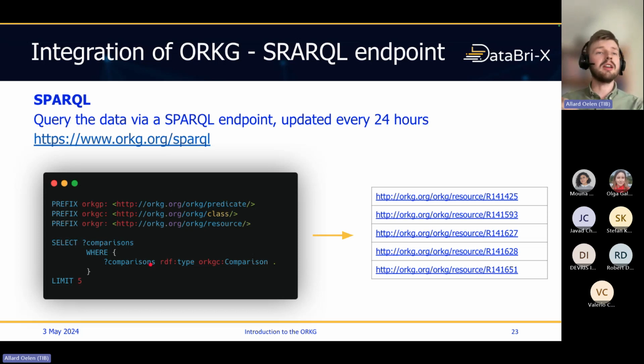So we can query, in this case, we can see what kind of comparisons there are, and we can access the data within comparisons as well with the SPARQL endpoints. The endpoint is updated every 24 hours because we're currently using a Neo4j knowledge graph. So we are exporting this every 24 hours to make sure that people can access the data in the method they like.